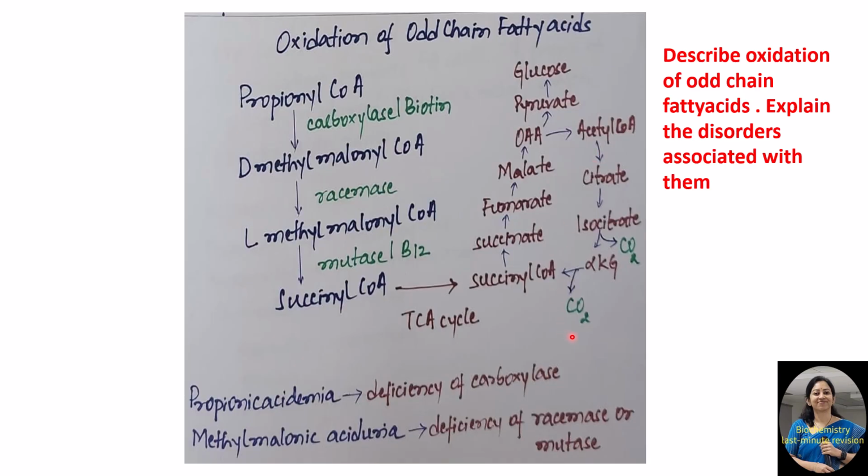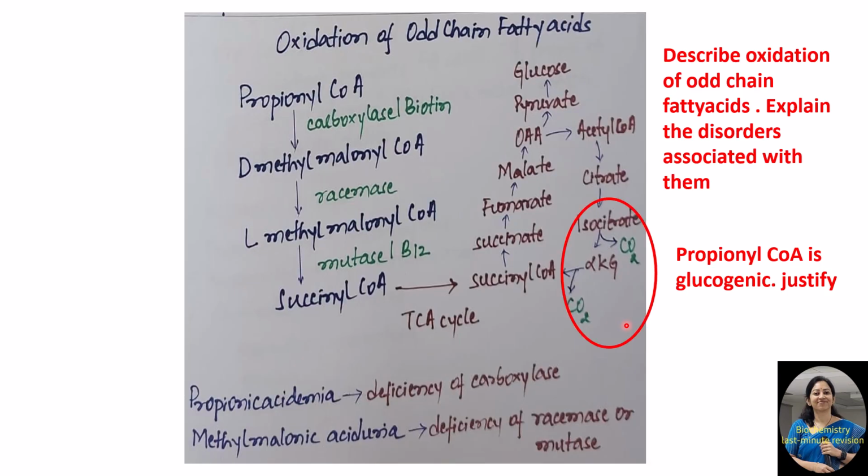Here, the second carbon atom of acetyl CoA is released as carbon dioxide. So succinyl CoA is entering the TCA cycle after acetyl CoA is completely oxidized. That's the reason why propionyl CoA is gluconeogenic. So you need to write this part of the pathway also and this part of the pathway also.